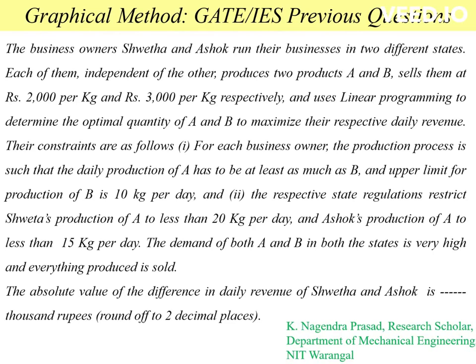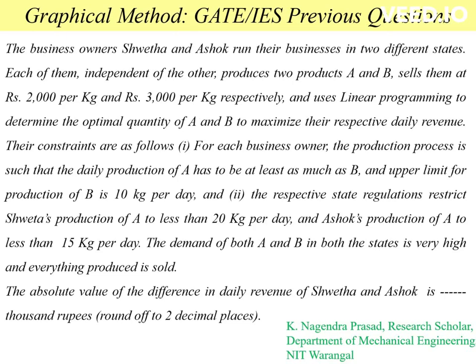respective daily revenue. Their constraints are: first constraint is, for each business owner, the production process is such that the daily production of A has to be at least as much as B, and the upper limit for production of B is 10 kg per day.